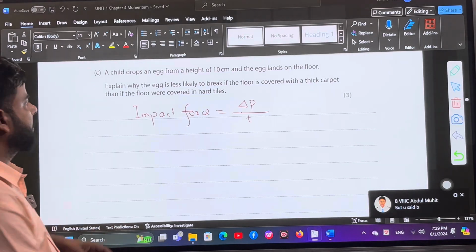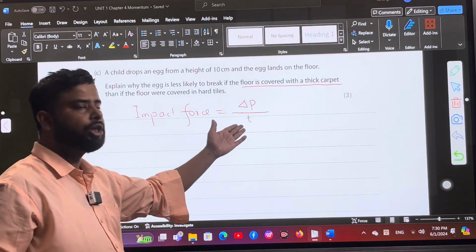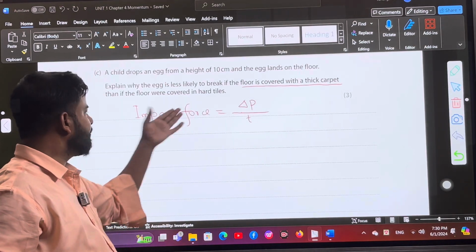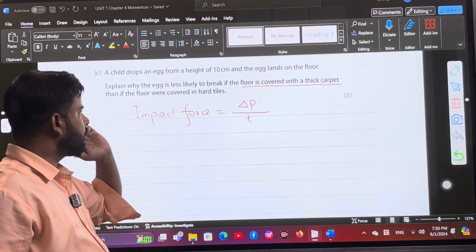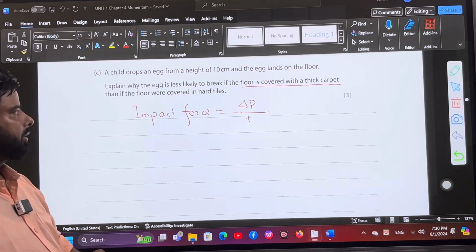So if the floor is covered with thick carpet, then time of collision increases, then impact force decreases. So then the egg is less likely to break.